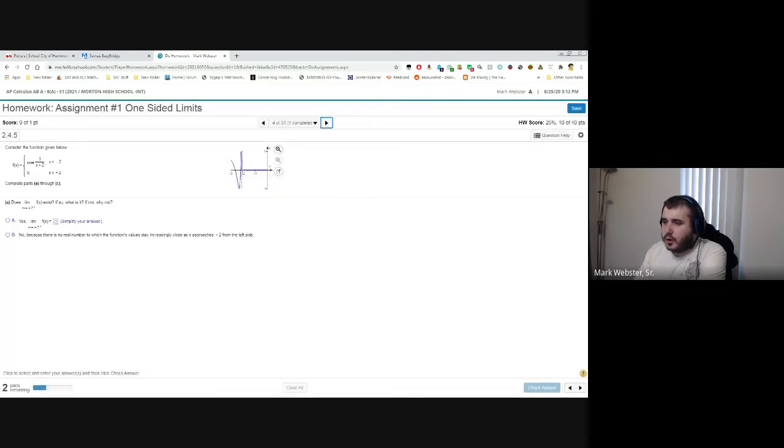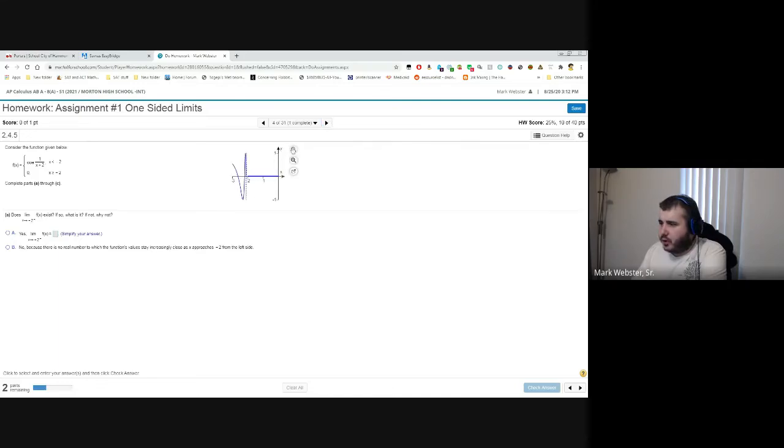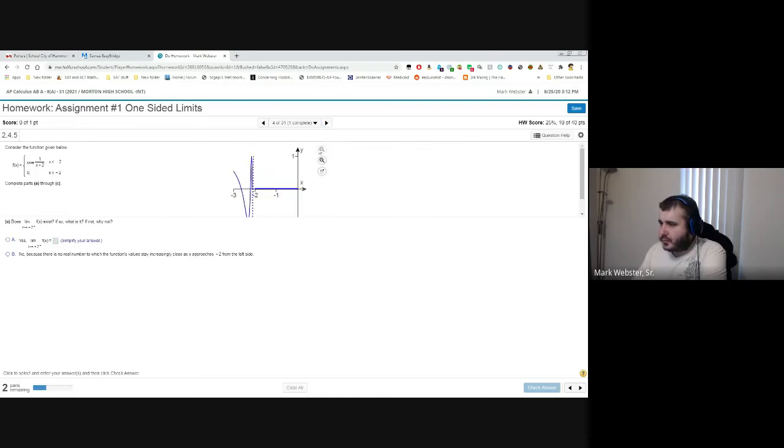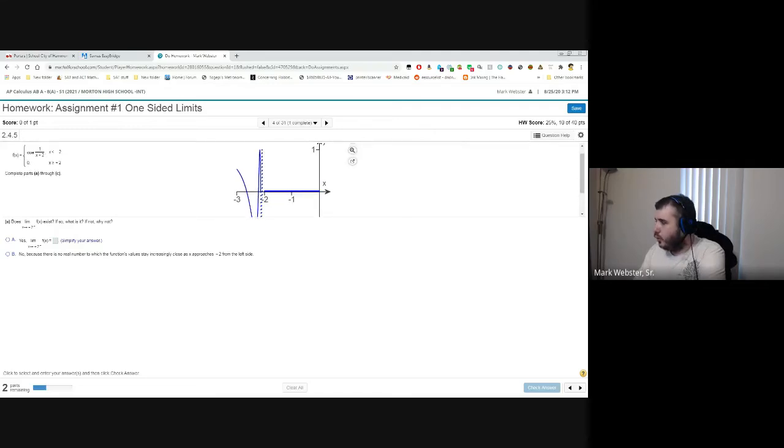Ooh, this one. Okay, let's talk about this one real quick because this one is important. The picture here, so this picture is what's called the topologist's curve.